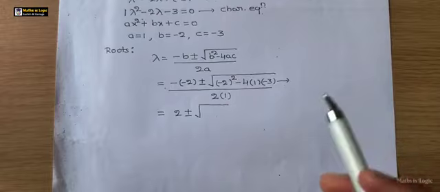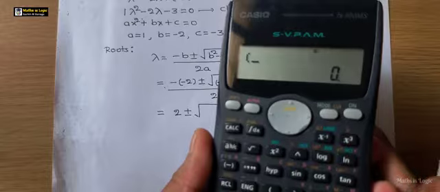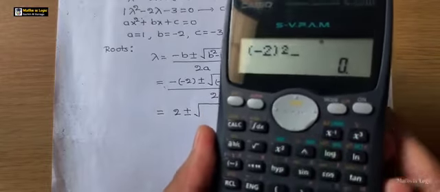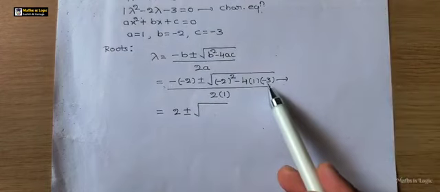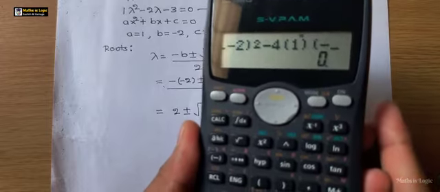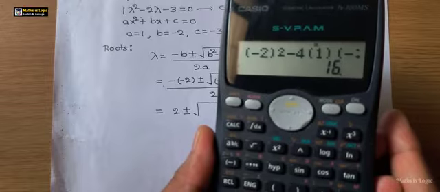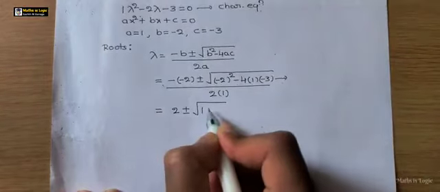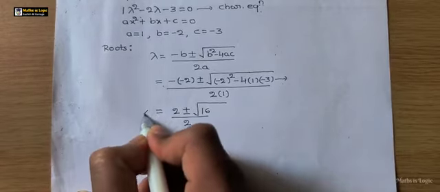So what is that? Minus 2 square is there, so in the calculator, in bracket minus 2, this is the power, but square, minus 4, again in bracket, a is 1, c is minus 3, 1 into minus 3. So press is equals to, so what is the answer? 16. So write 16 divided by 2 into 1 is 2.